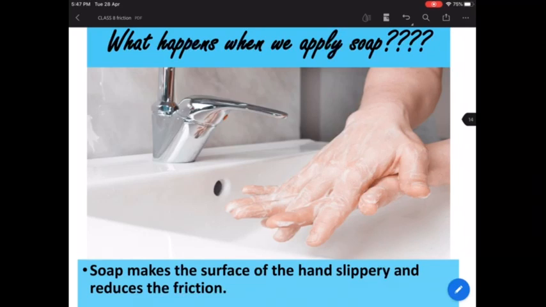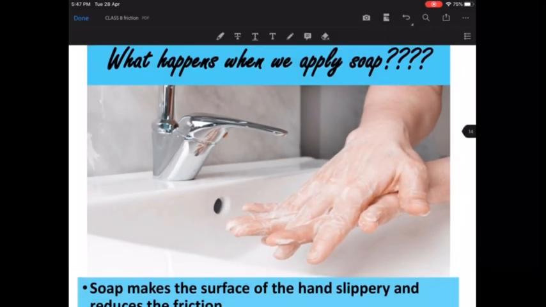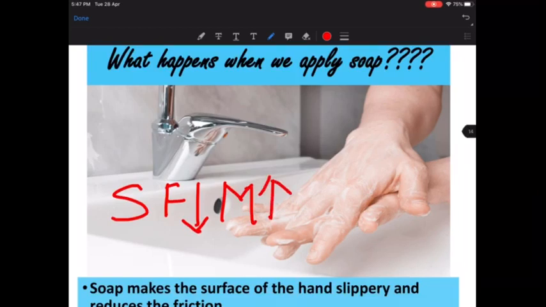So the soap makes our hands very, very smooth, or the surface very smooth. Because the surface is smooth, the friction is going to be less here. If the friction is going to be less here, the movement is going to be more. So that means we will be able to rub our hands much more easily against each other, as compared to when our hands are dry. Okay?